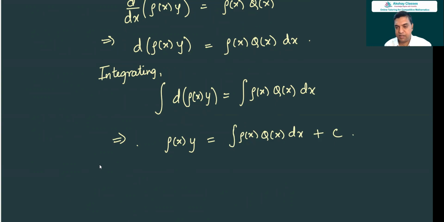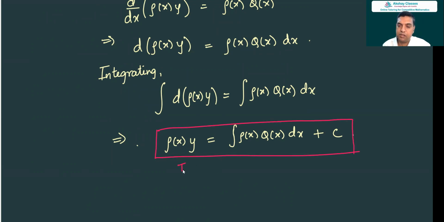So we have solved this. So this is purely a function of x. We solve this and this is the solution of the differential equation. So we have found y.